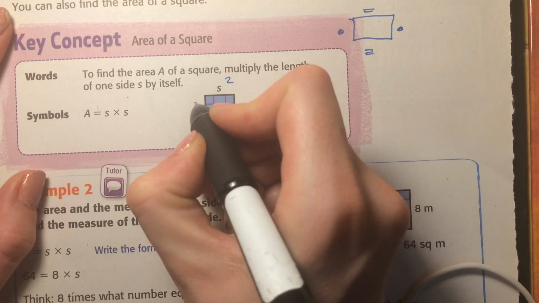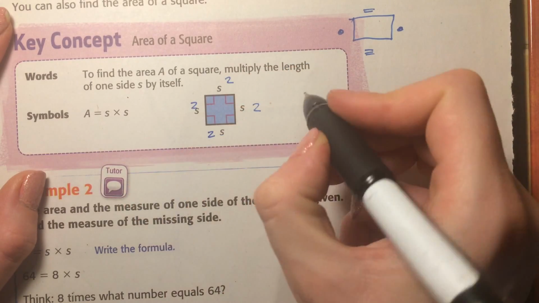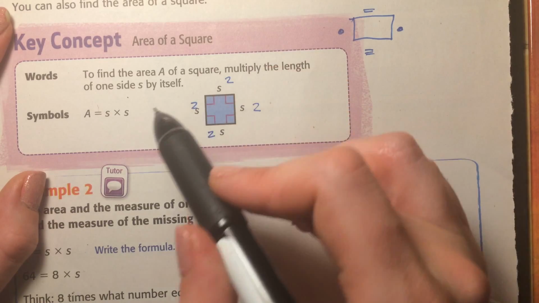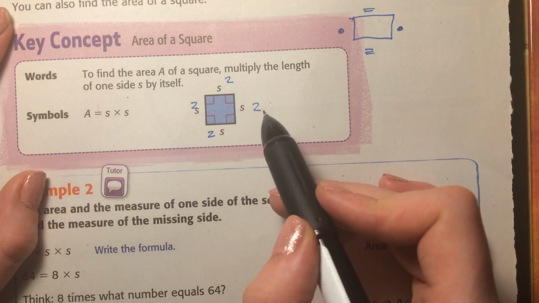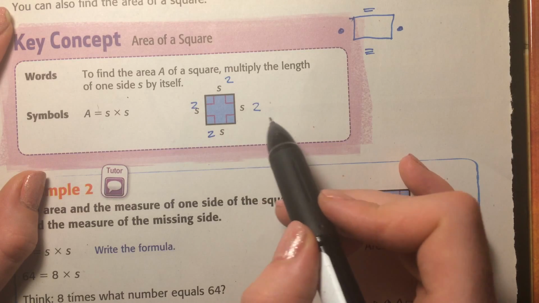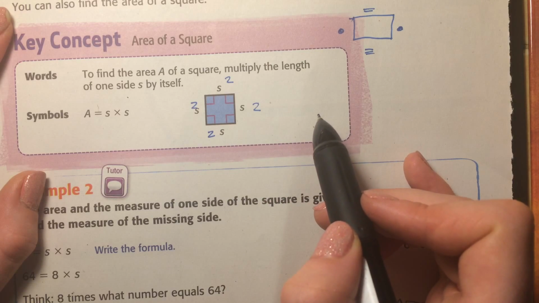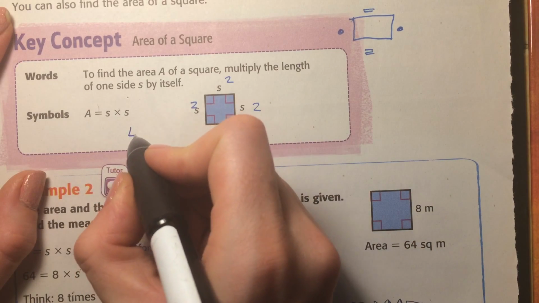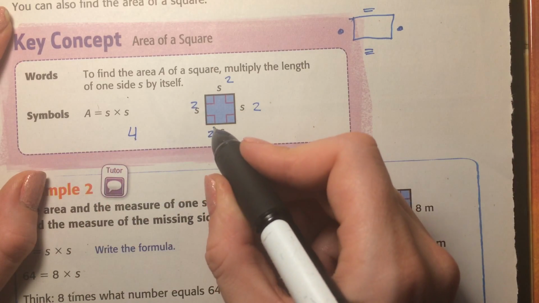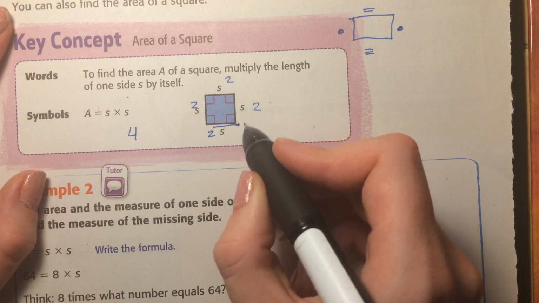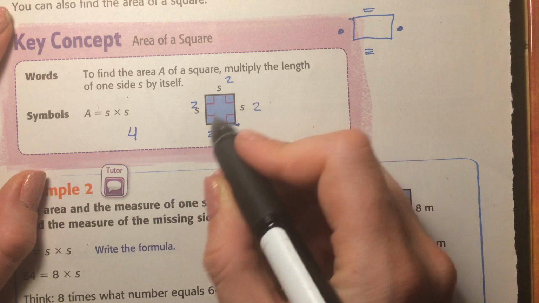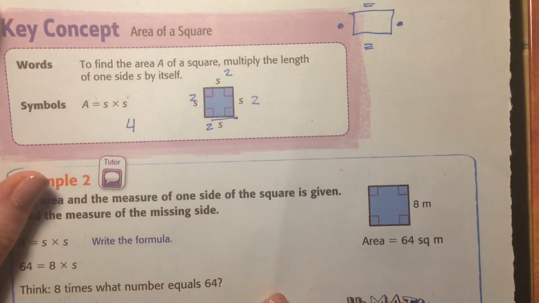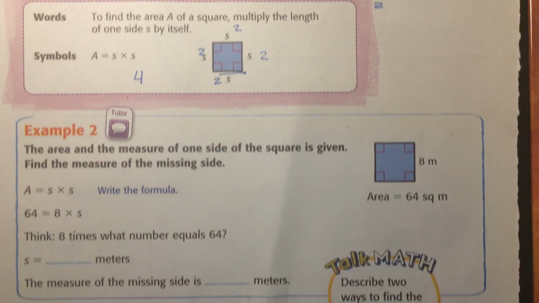So 2 and 2 and 2. I could do length times width, but with the square, it's just even. So side times side. 2 times 2 is 4. Length this way, width that way, length times width. It's still 4.